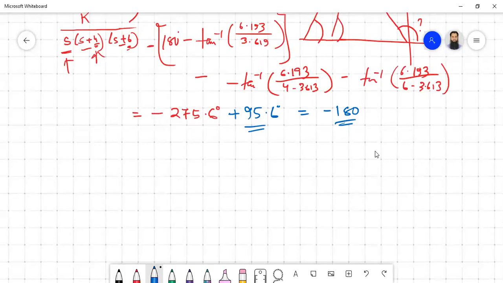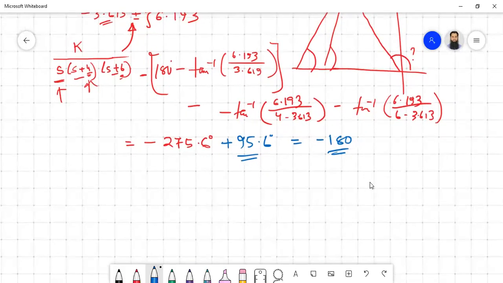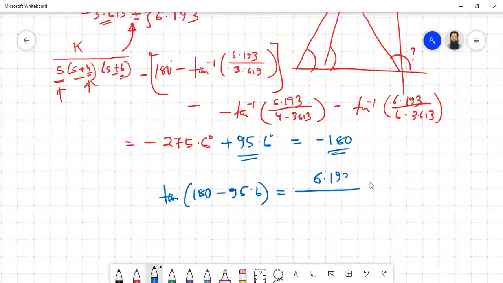95.6 degrees, and the angle is more than 90 degrees. So whenever the angle is more than 90 degrees, you will always have to apply the 180 degrees minus that formula. So tan of 180 degrees minus 95.6 should give you the height and the base. Height we already know; it is the same as before, 6.193.